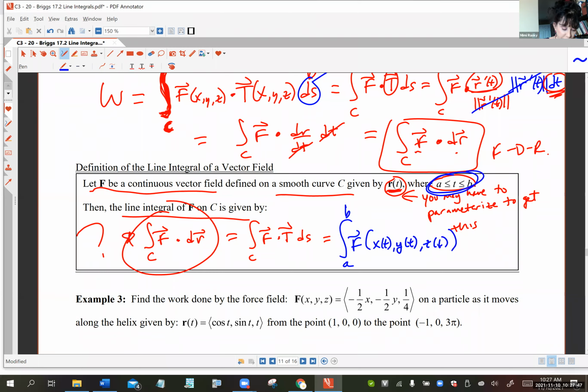So you're going to cherry pick the x, y, z components from your vector field and substitute those for your force field. I'm putting arrows here, but that's simplistic. You have to do the right components. And then you're going to dot product that with r prime. And this is a true dot product. I mean, for reals. You know how to do a dot product because we did that at the very beginning of the semester.